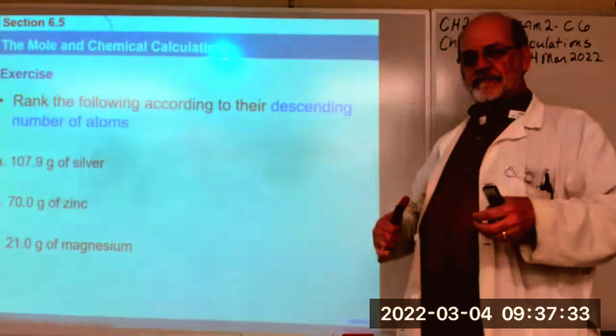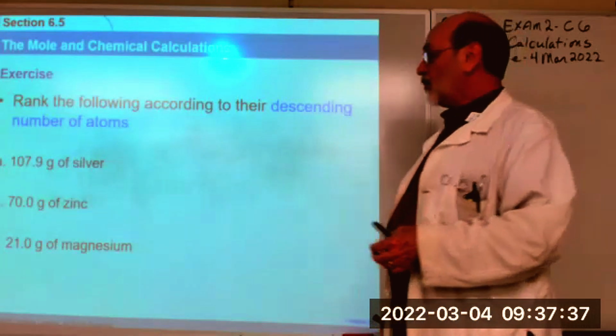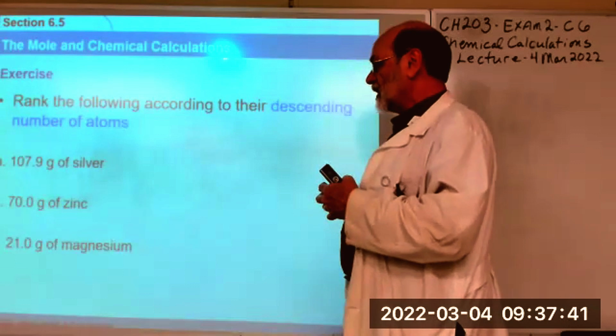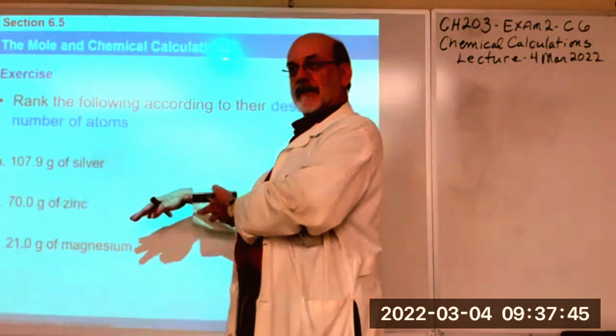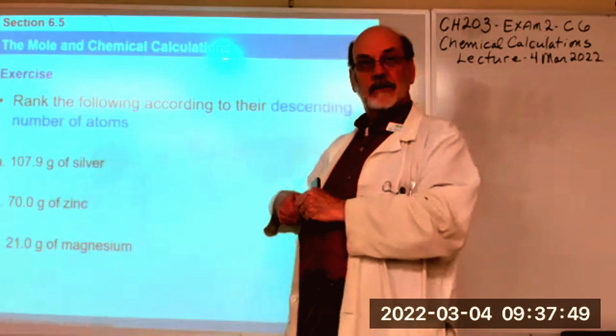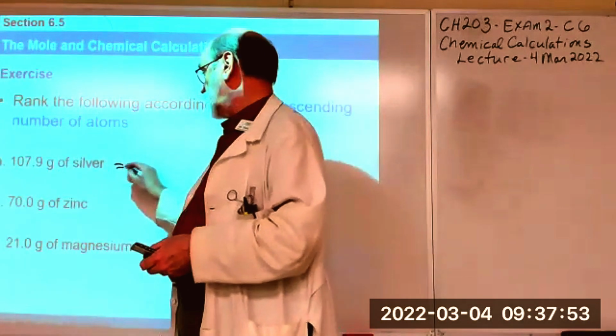Or, if you're taking a test, you want to do it quicker than that. So logic would tell you that what you really need to know is their relationship to a mole. Is there any one in here that's exactly equal to a mole of atoms? Well, this one is.